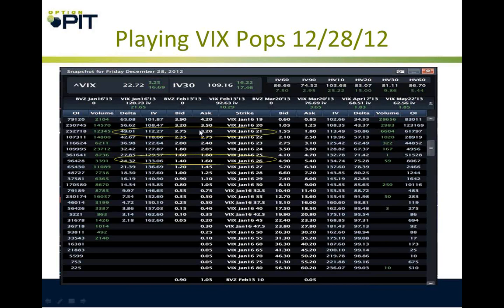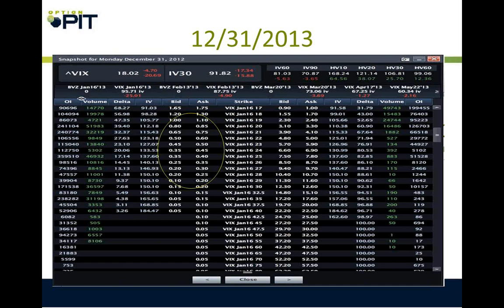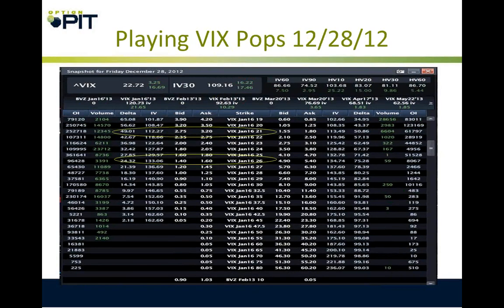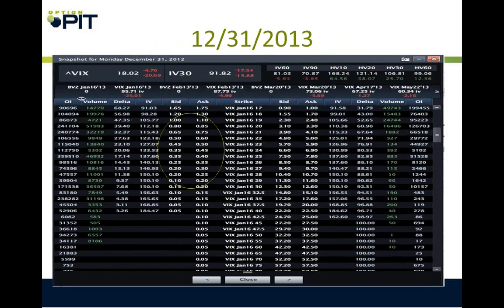So net, I don't pay anything for this spread. I'm selling options that are out of the money against buying options that are in the money, and I'm not paying for it. This trade will quickly make dollars when pops subside. So you can see this is 12/31. We put the trade on for even, and on 12/31, the 21 calls are 70 cents, and those 26 calls are 30.